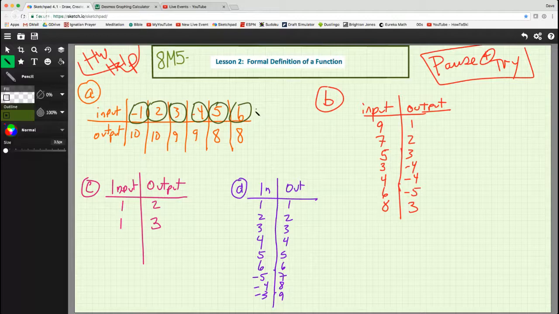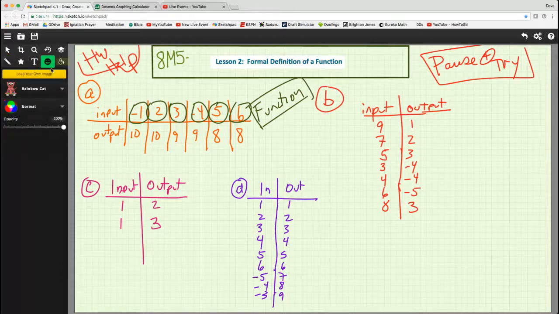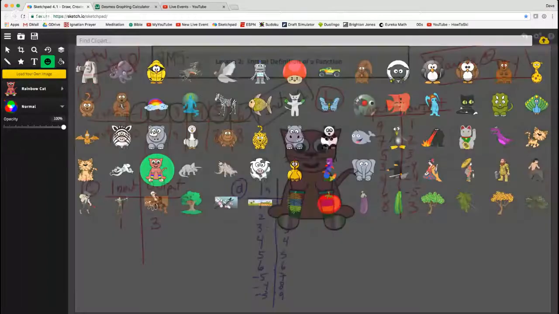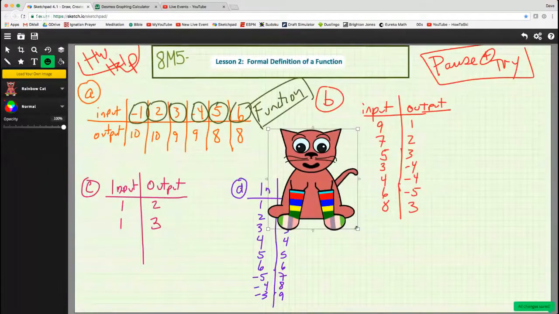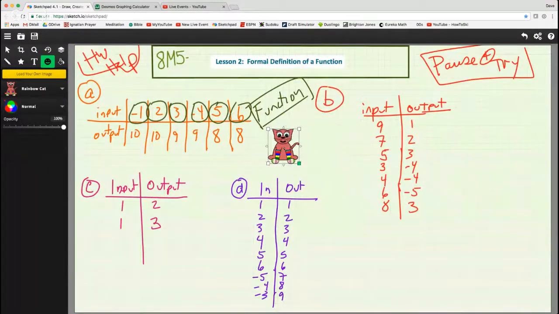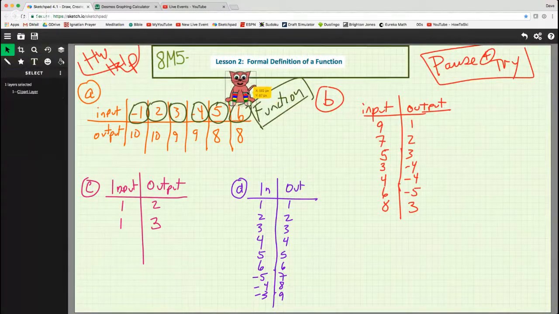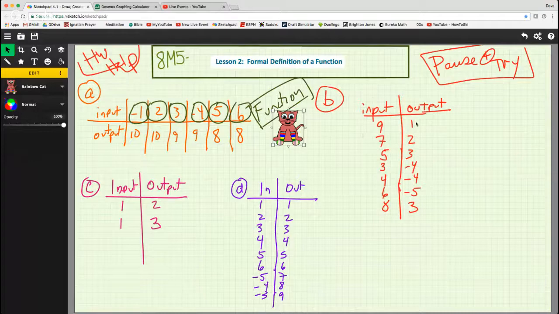So this is indeed a function. And so we will happy cat this guy. Happy cat function.